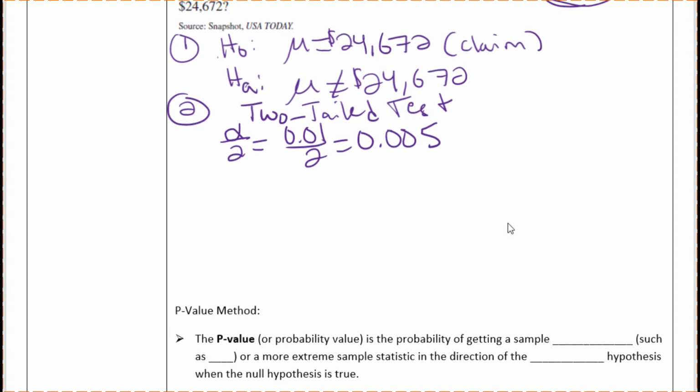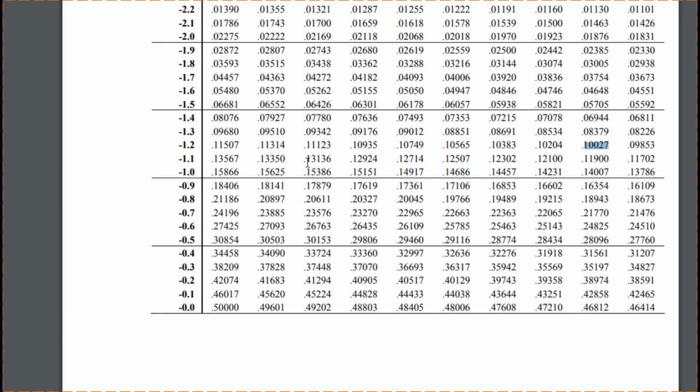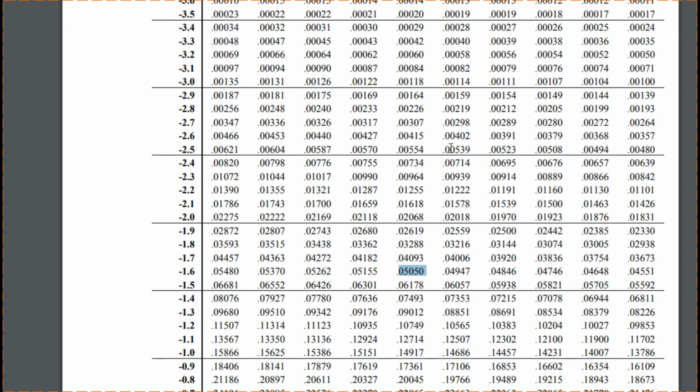So we're going to use this to look up what our critical values are. Notice that there should be 2 critical values here. So I'm going to go ahead and label them on here. We have 0, 1, 2, 3, -1, -2, -3. If we look up 0.005 on our Z chart, this looks pretty close, and this looks pretty close.